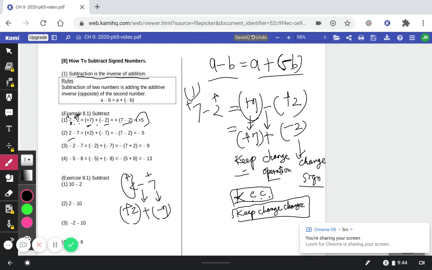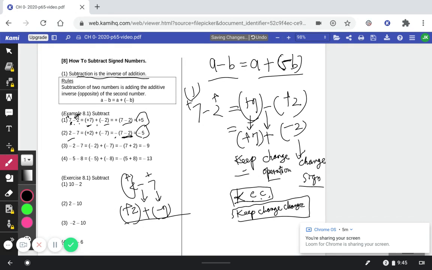So you're changing subtraction of positive 2 with a positive 7 into positive 2 plus negative 7. And now you apply addition rules. So it's a two-step thing. When you add different signs, you subtract. You subtract 7 and 2, and the sign of the bigger number is negative. So the final answer becomes negative 5.